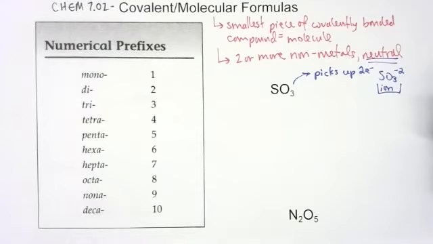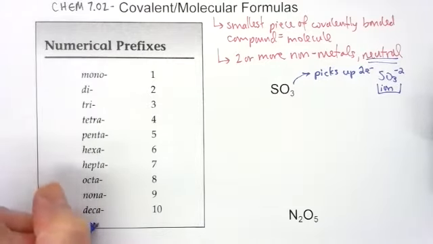So here's how this works. Let's start with N2O5. The formula is you do a prefix from the table above, plus the name of the first element.